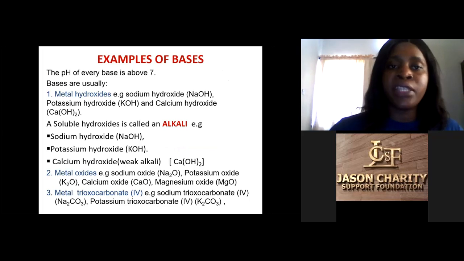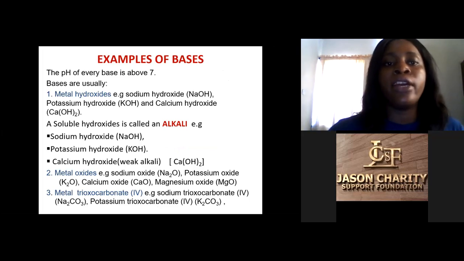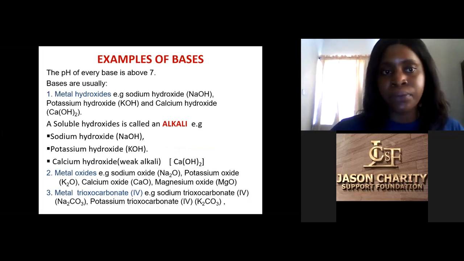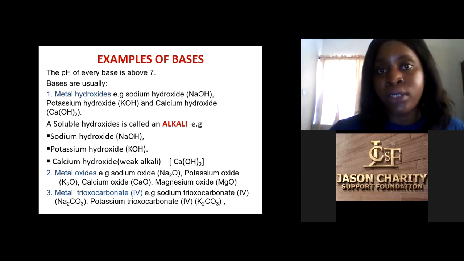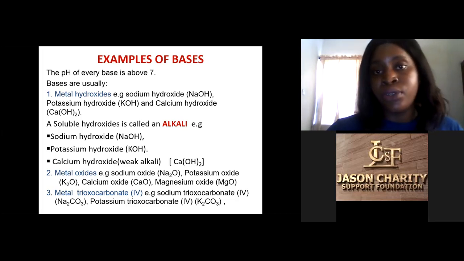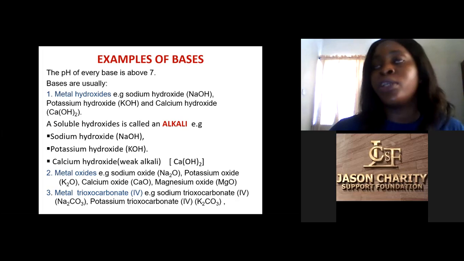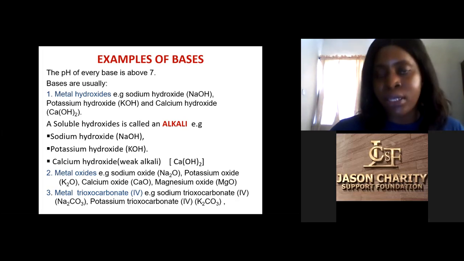So from, let's say, 7.5 upwards to 14, that is the pH for most basic substances. Now, bases are usually metal hydroxides, that is hydroxide of sodium, potassium, calcium, and also aluminium. So elements in groups 1, 2, and 3 can easily form metallic hydroxides.